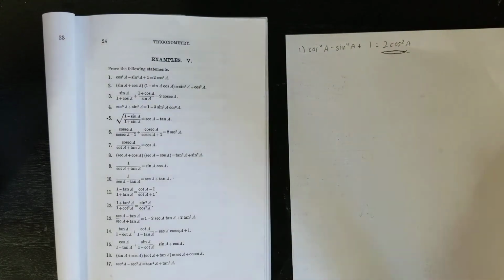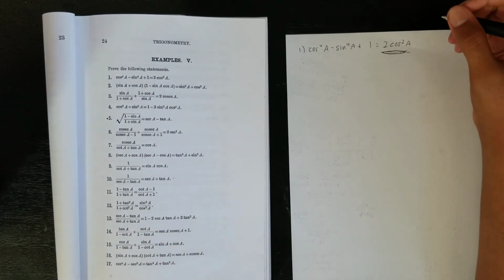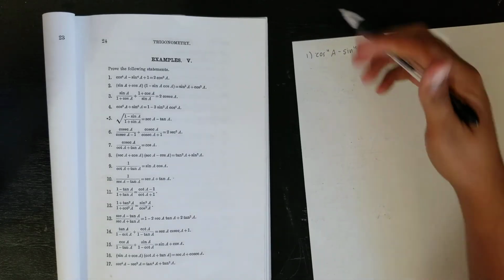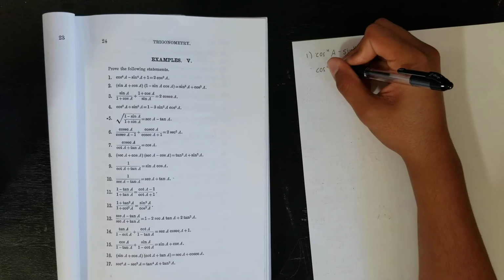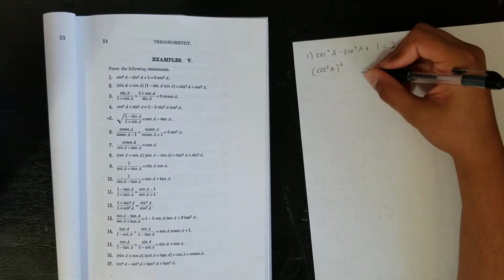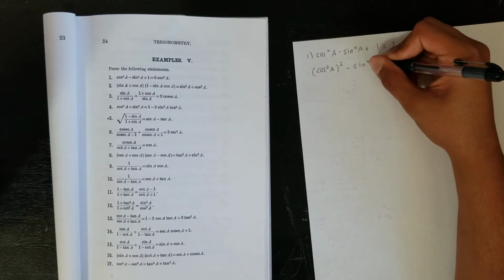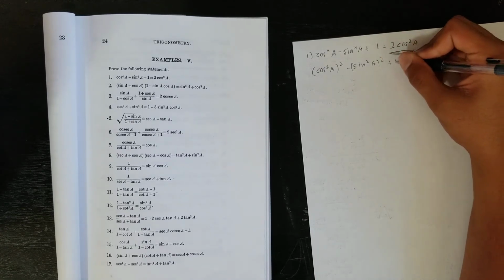Now we're going to see what we have over here. What I see is that we can take the square of both of these things. So it can be cos squared a, all squared, minus sine squared a, all squared, and we can just leave this plus 1 on the side.